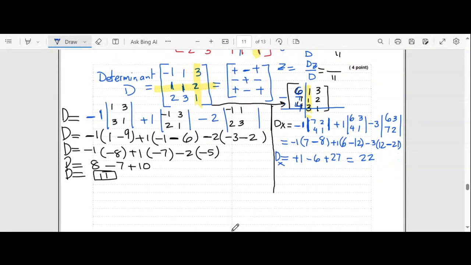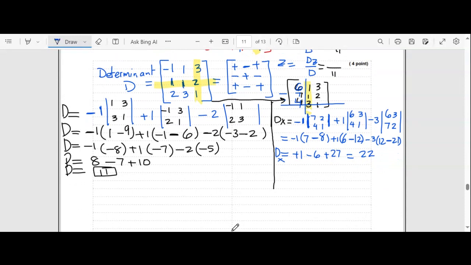Before I do dy, I have to get the matrix for y, right? How can I get the matrix for y? You're going to replace the y by the constant. And then -1.